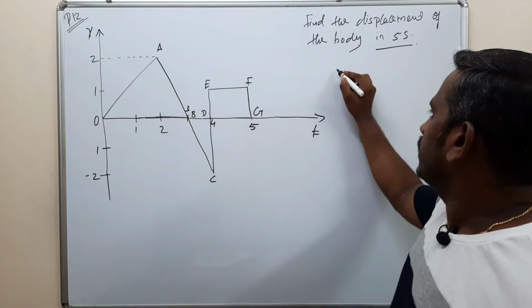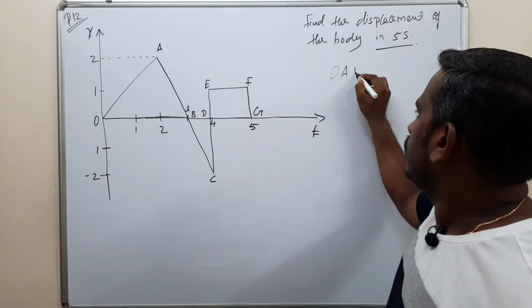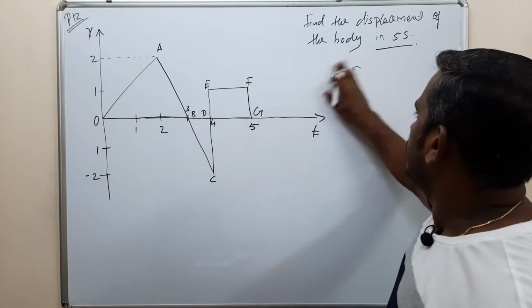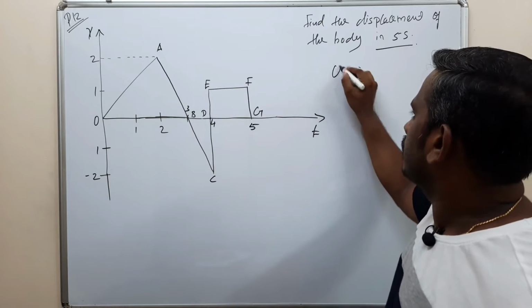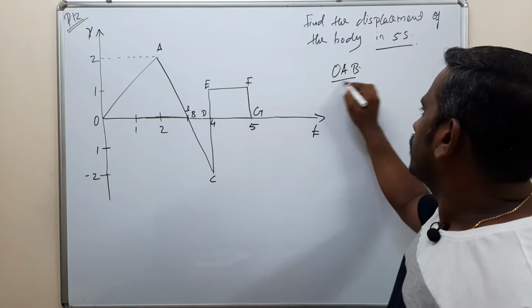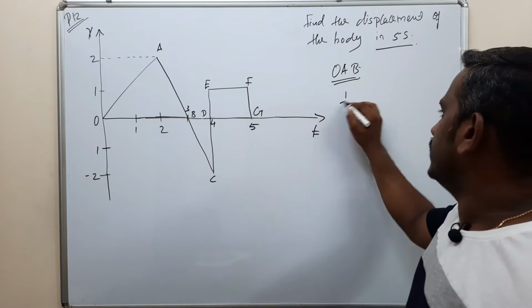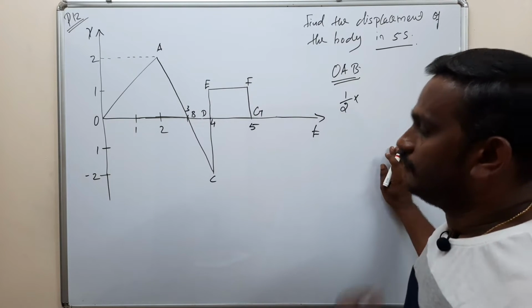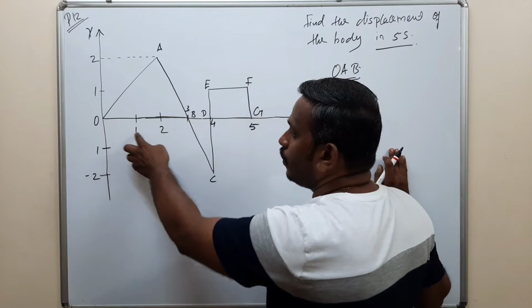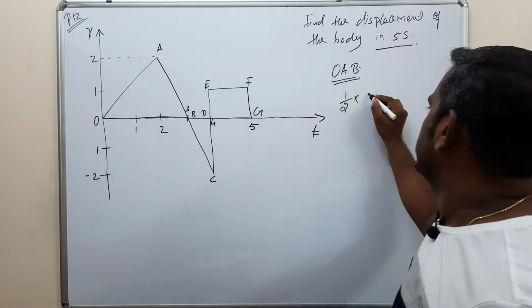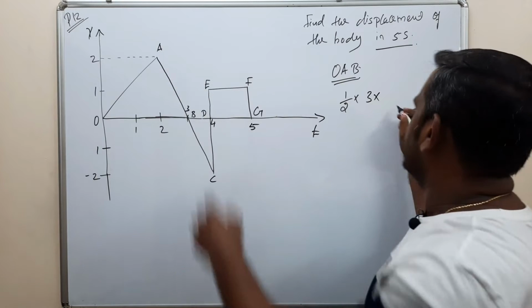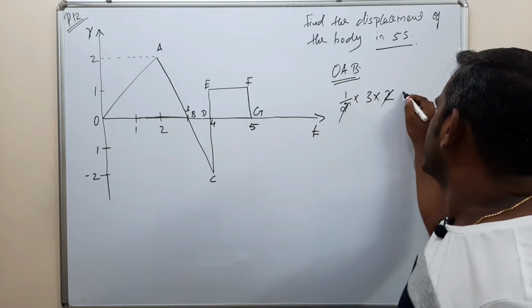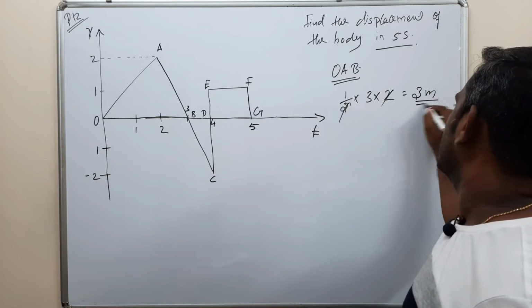First consider the triangle OAB. What is the area? That is half into base, which is 3, into height, which is 2. So 2 cancels, that is equal to 3 meter.